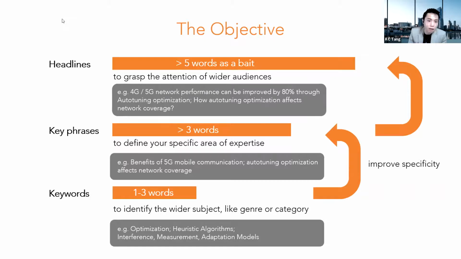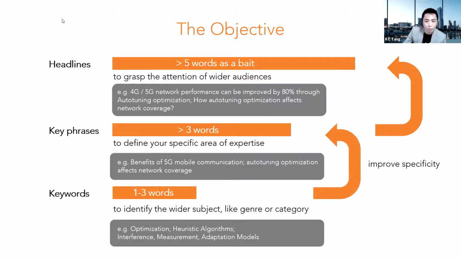So in this example, this paper does have some data that they could show, like 4G, 5G network performance can be improved by 80% through auto-tuning optimization. So they have their keyword within the headline, and they also showcase what it brings.